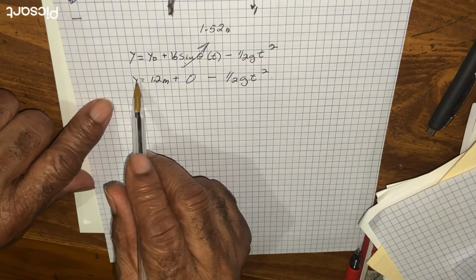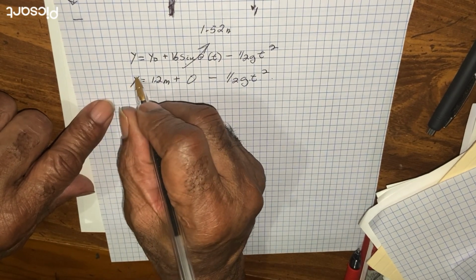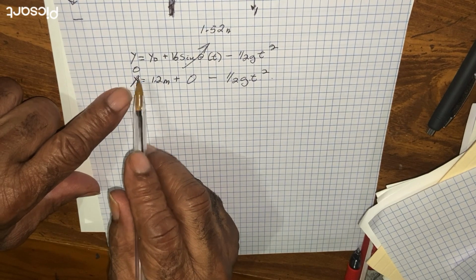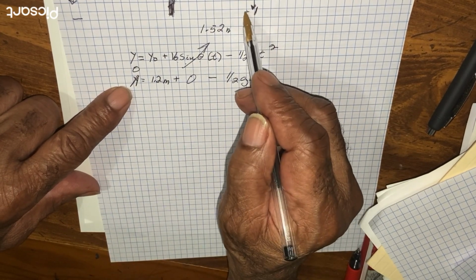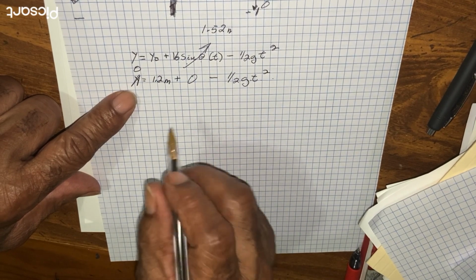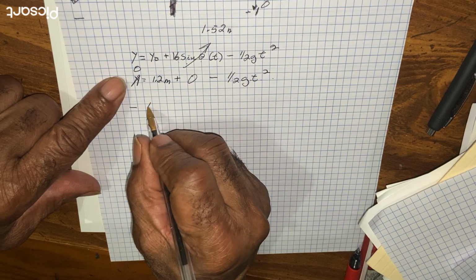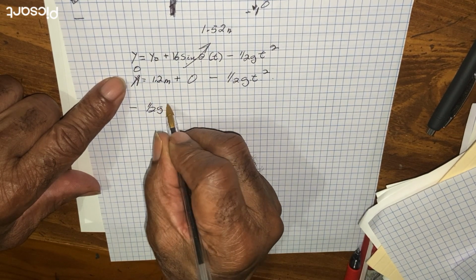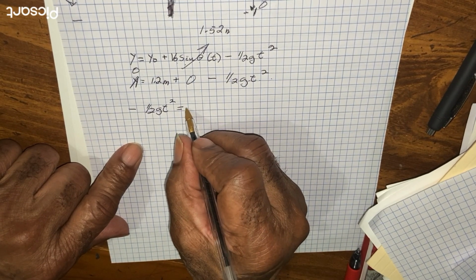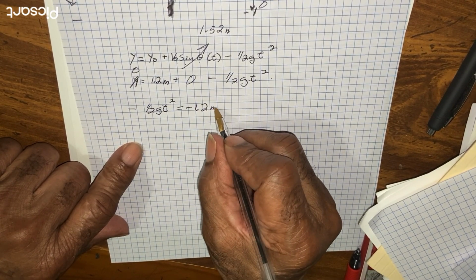And we also know when it hits the floor, it's at 0. So now we can solve. This y represents when the ball is on the floor. So that's 0. So what we have is minus 1/2 g t squared equals minus 1.2 meters.